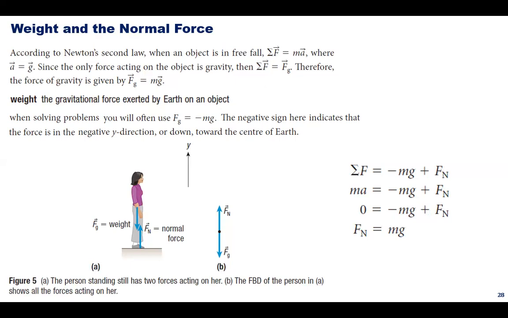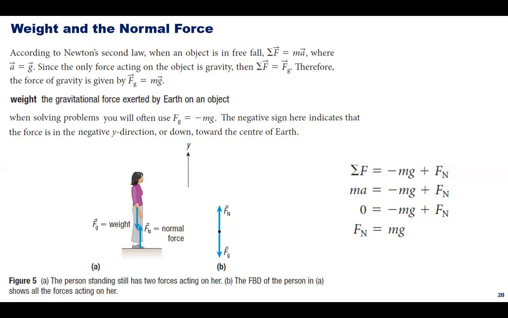The reaction force to the force of gravity is another force of gravity. The normal force is the reaction force to the object applying a force to the surface. Second, since the normal force is not the reaction force to gravity, the normal force is not always equal in magnitude and opposite in direction to the force of gravity.